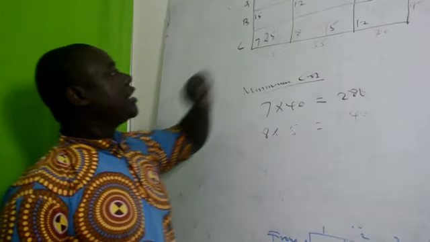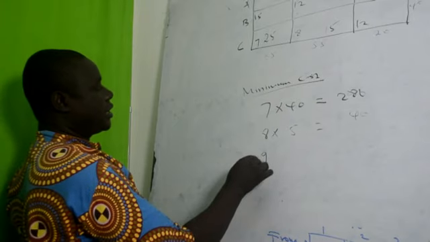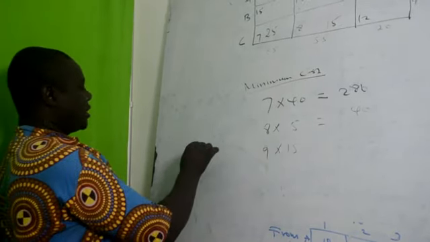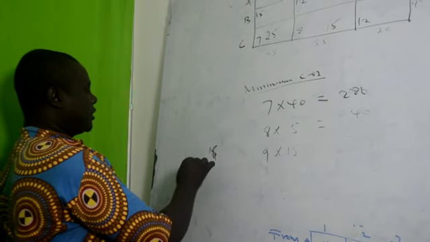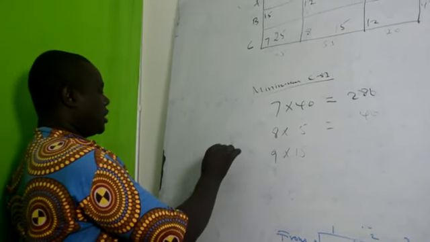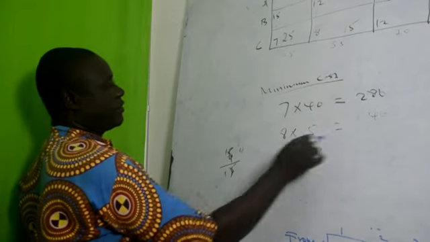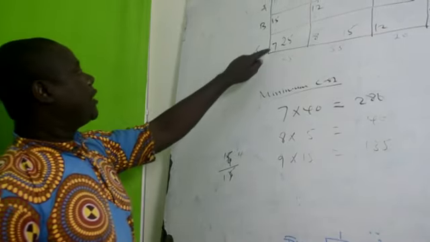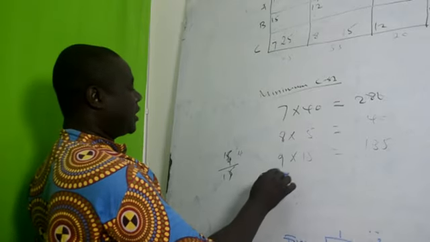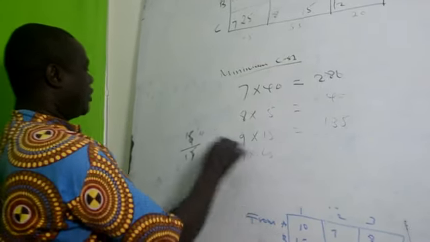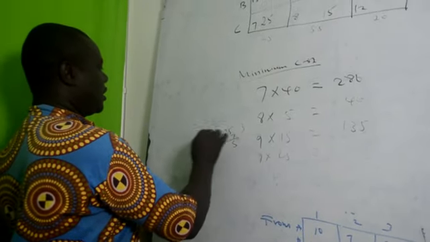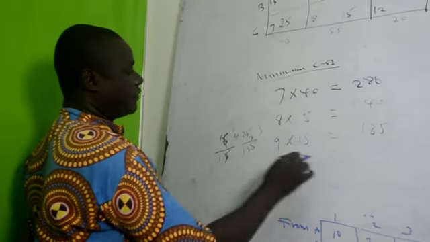Then this one is 9 times 15. 15 times 9 is 135. Then here we have 7 times 25. 25 times 7 is 175.